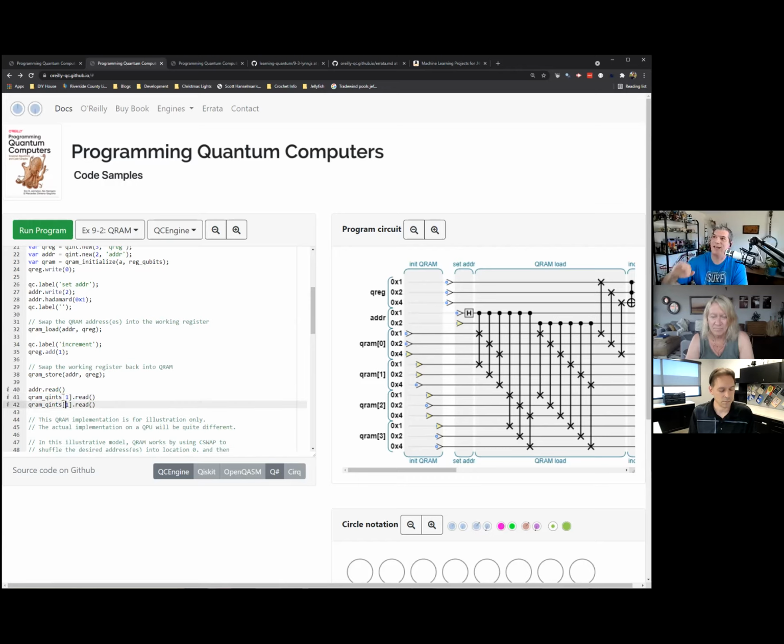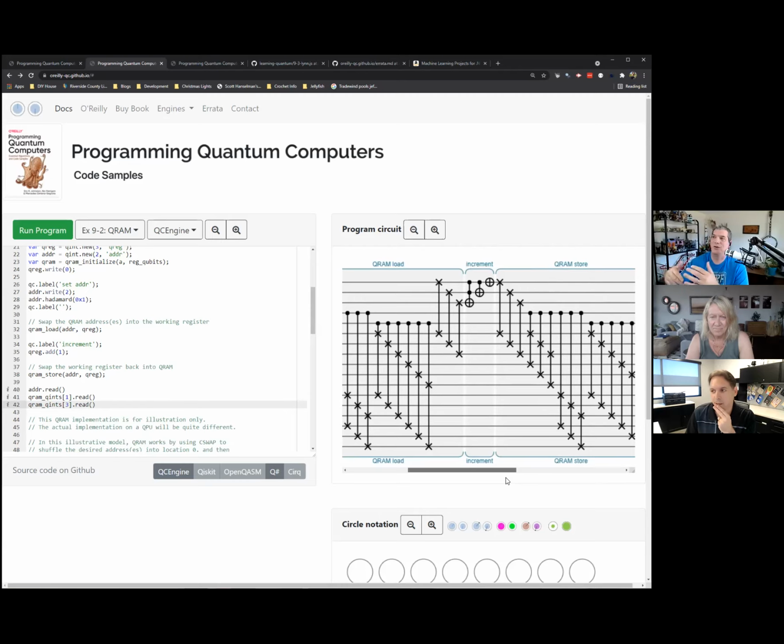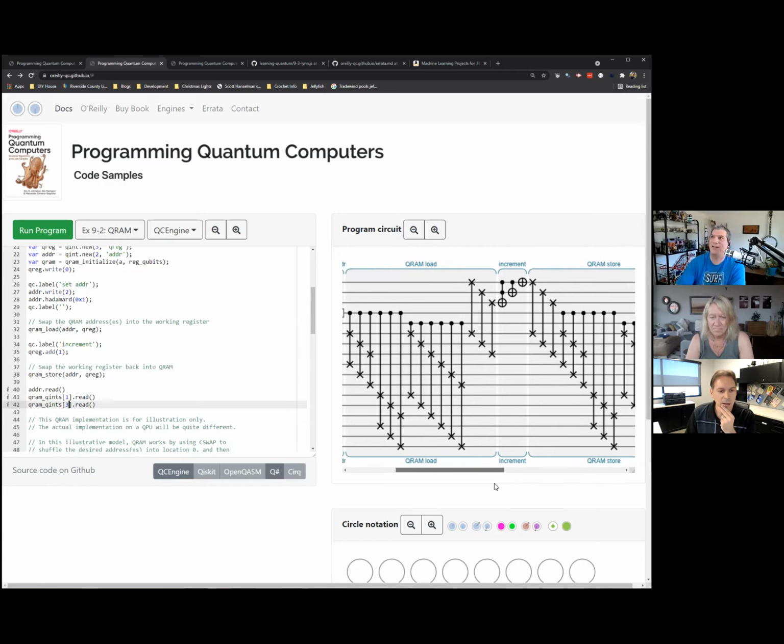It potentially swaps all of the values with each other until it gets the one that I'm looking for into QRAM 0. Once the value I'm looking for is in QRAM 0, those last 3 swaps put it from QRAM 0 into the QReg, where you can operate on it. And then doing the same thing again in the store section puts everything back in the right order, again based on the addresses.